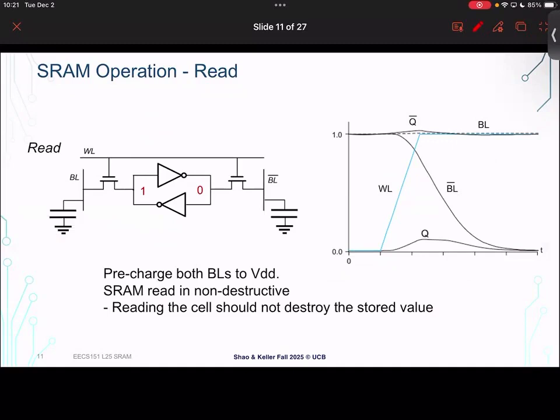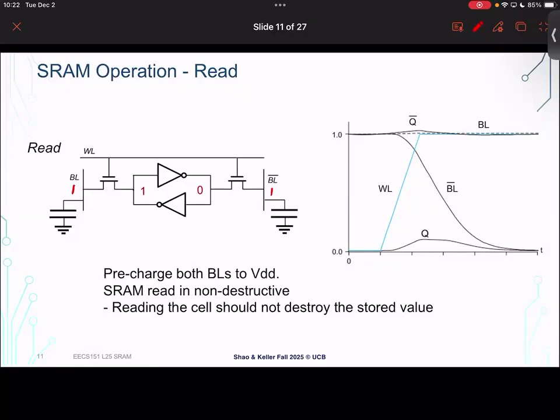What we're going to do for a read is pre-charge both bit lines to 1. So bit line and bit line bar are both being set to 1. It's kind of weird. Usually if something is the complement of something else, it has the opposite value.